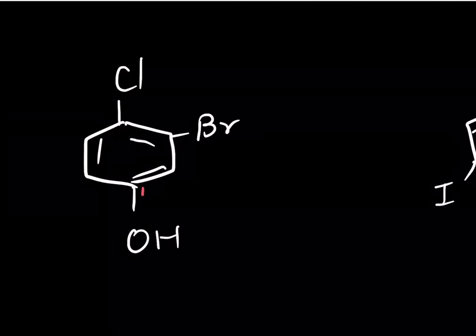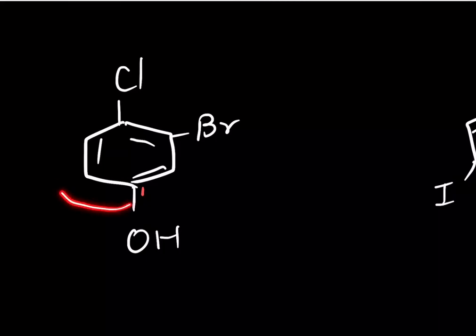And which direction are you going to go in here? If you go in this direction, then you'll reach chlorine at the 4th position and the bromine is going to be at the 5th position, which gives higher numbers for the substituents, but you want to keep the numbers as low as possible. So you will go in the opposite direction, which is the anticlockwise direction.